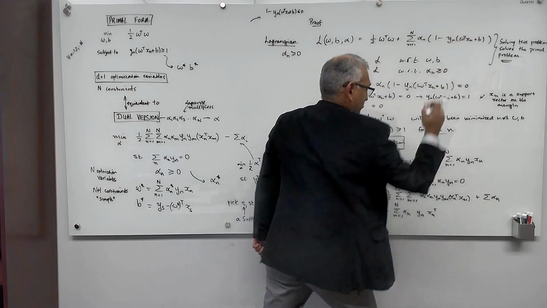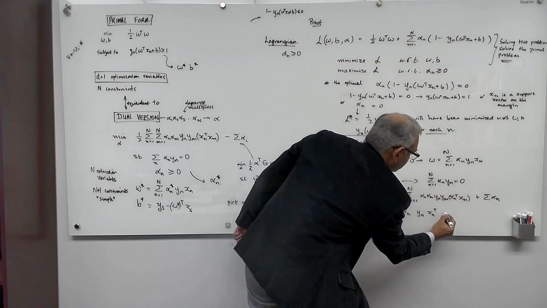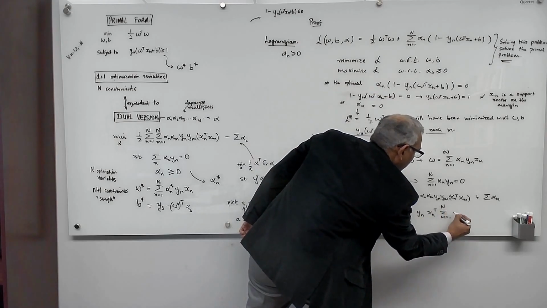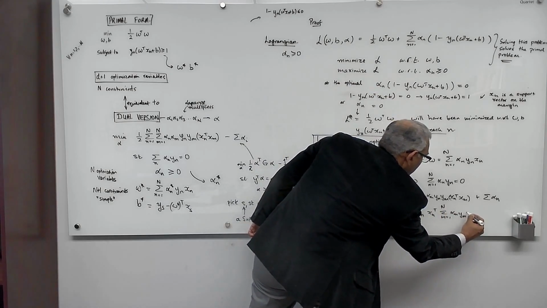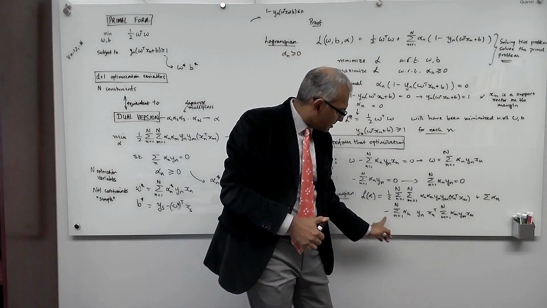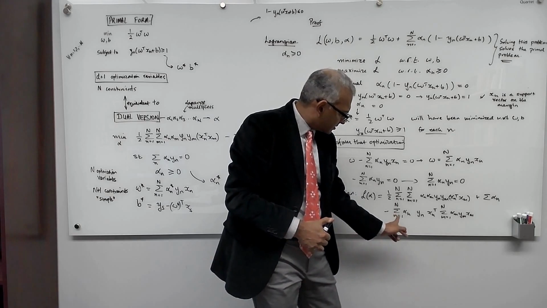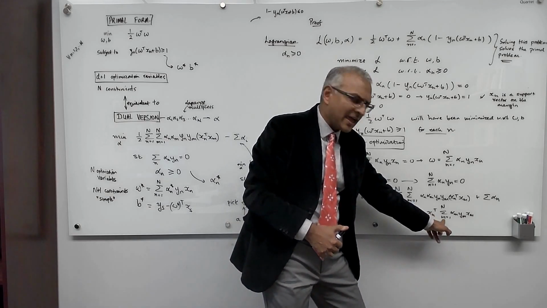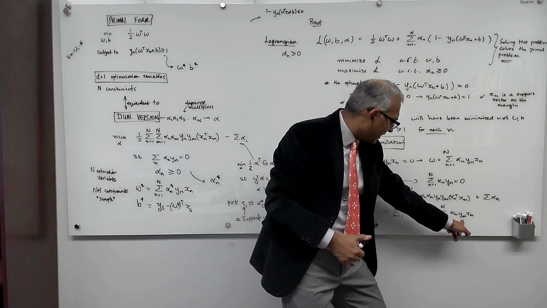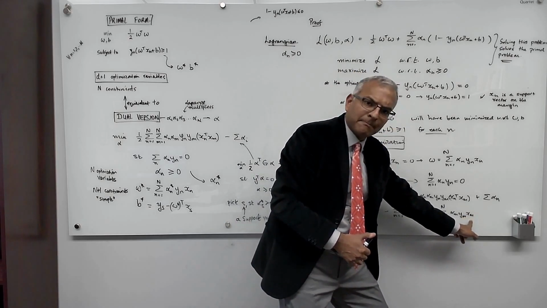transpose w. But w is just the sum over, let's use the index m equals 1 to big N, alpha m, ym, xm. So you see here, this is just minus the sum over n, the sum over m, alpha n, alpha m, yn, ym, xn transpose xm.